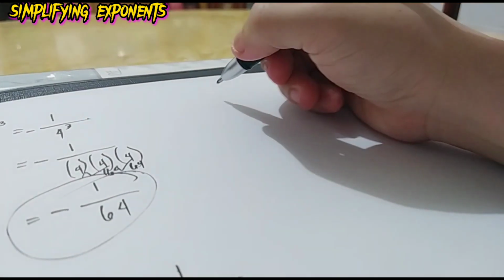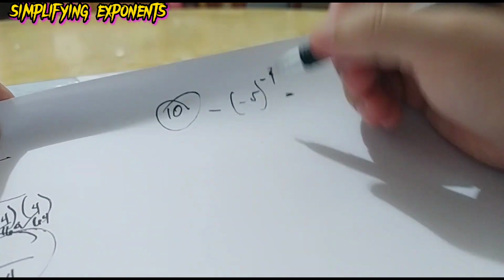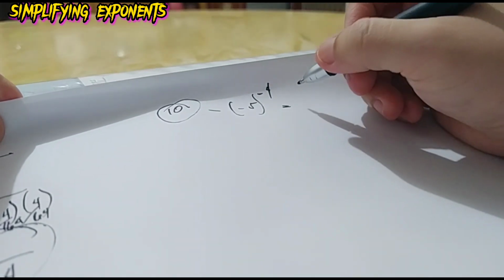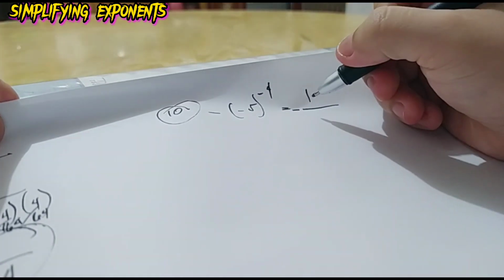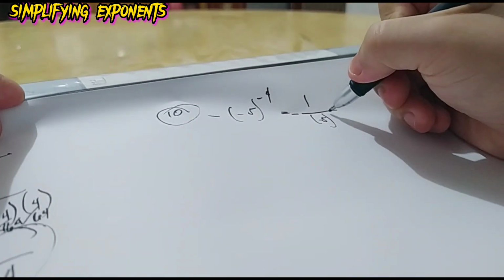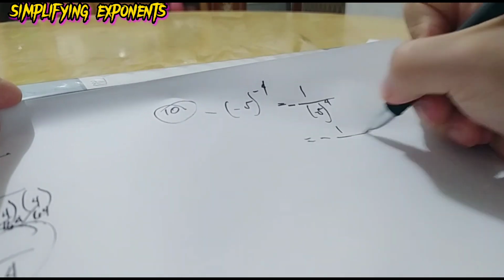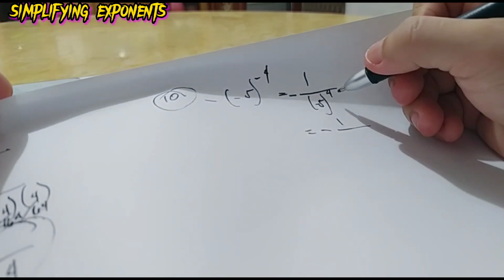For our last example, negative of negative 5 raised to negative 4. Following the negative law of exponent, 1 over, then the negative sign that came out, place it in the middle, and then negative 5 raised to the opposite of the exponent, 4, positive 4. And then copy that negative sign again, 1 over, multiply our base, negative 5, 4 times, because we have exponent 4.